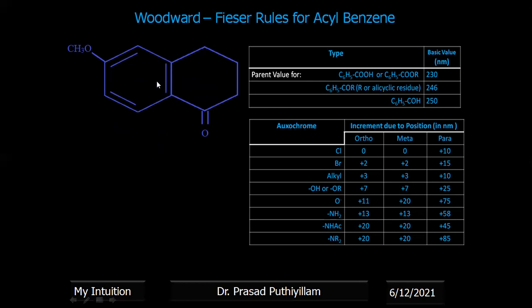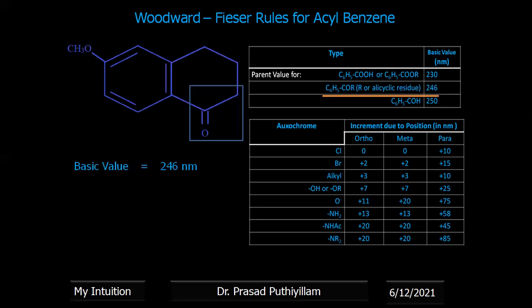We cannot treat it as alpha beta because in the case of benzene, the double bonds have a different nature. They undergo resonance stabilization; these electrons are continuously in movement. Therefore this is the functional group that we consider. It is giving the C6H5COR case, that is 246.